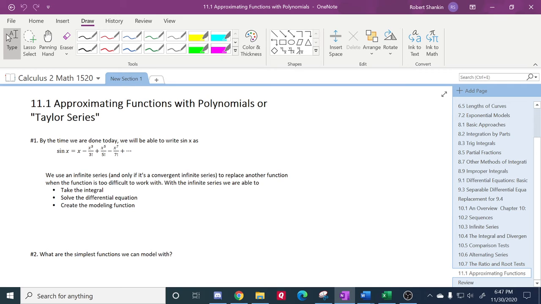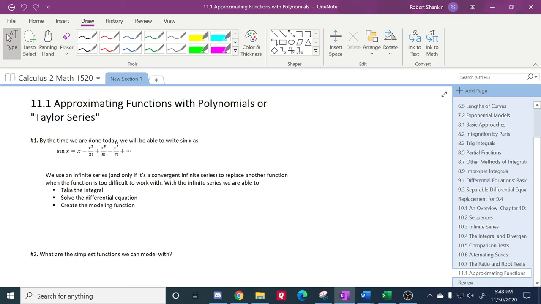And by the time we are done today, we will be able to write something like sine of x as this. Sine of x is equal to x minus x cubed over 3 factorial, and so on. That's a pretty amazing thing that we're going to be able to do by the time we're done today. If I finish this section.